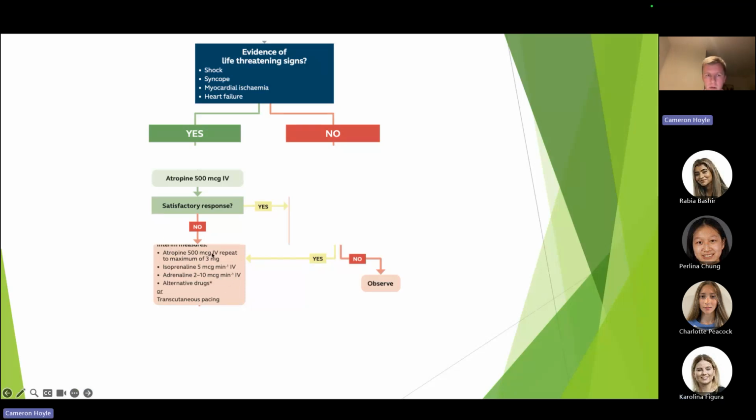Sorry, Caroline, go on. Sorry, I was just going to ask, as an F1, would you be doing the atropine yourself, or would you get senior involvement? So in reality, no is probably the simple answer. If you've got a patient on the ward that goes profoundly bradycardic, that is unstable, you would probably put a peri-arrest call out. Identifying it is the most important thing, and getting some senior help.